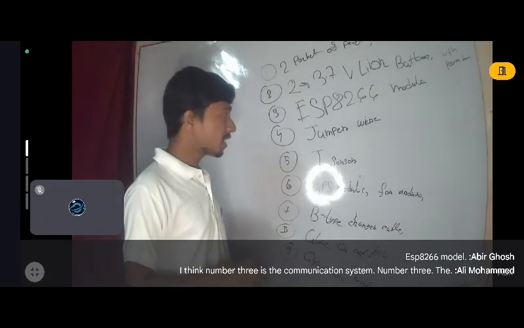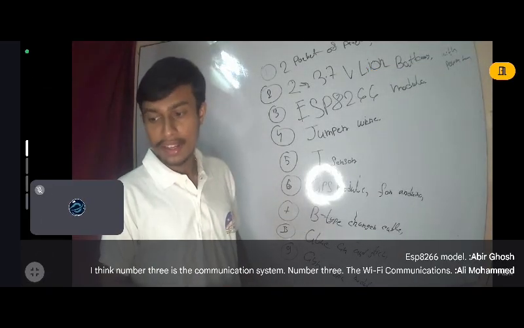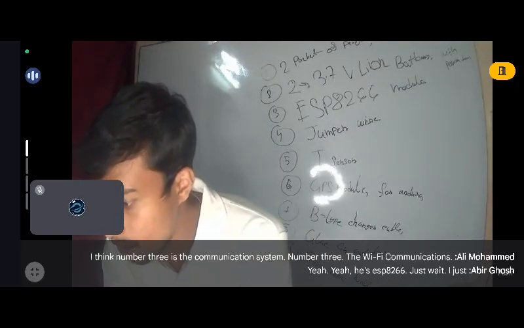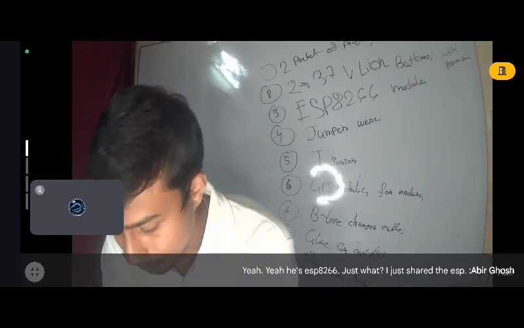Number 3. The Wi-Fi communication system. Yeah. It's ESP8266. Just wait. I just shared the ESP.